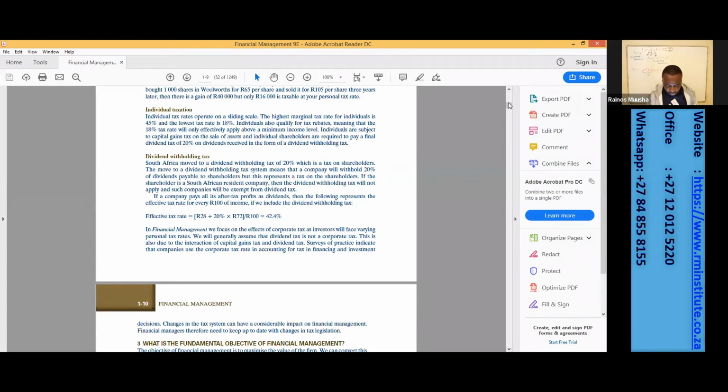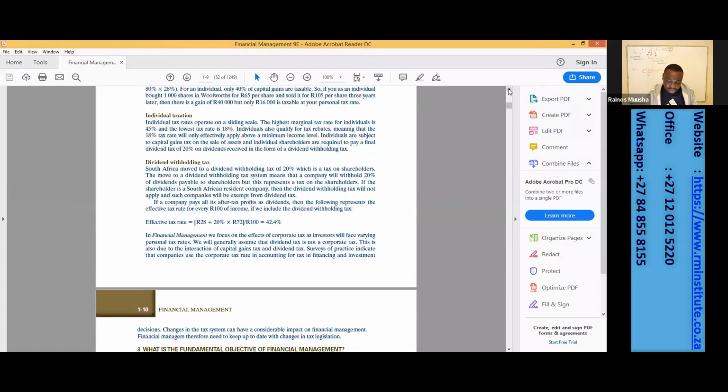Then after this, they also talk about individual taxation. I'm not really going to worry much about individual taxation, because remember, from Fin4801's perspective, we're going to be more concerned with a company's perspective. And from a company's perspective, we know that the taxation issue is going to be based on capital gains and profit tax on profits as well. Then there's also dividends withholding tax, and this is more from the shareholders' perspective, to see exactly how much they are going to end up getting whenever they are paid dividends by the company.